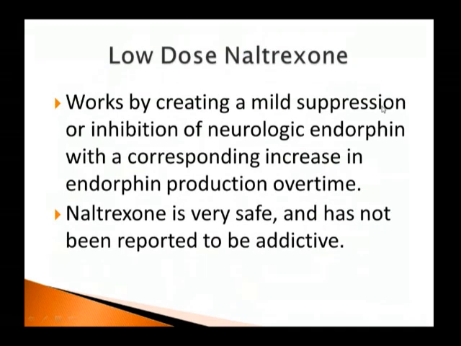And what it's doing is the naltrexone is actually causing a mild inhibition of these chemicals called endorphins. And as these endorphins are being inhibited, there's a corresponding increase in these endorphins through the middle of the night, which is what's directing traffic with respect to the immune system.